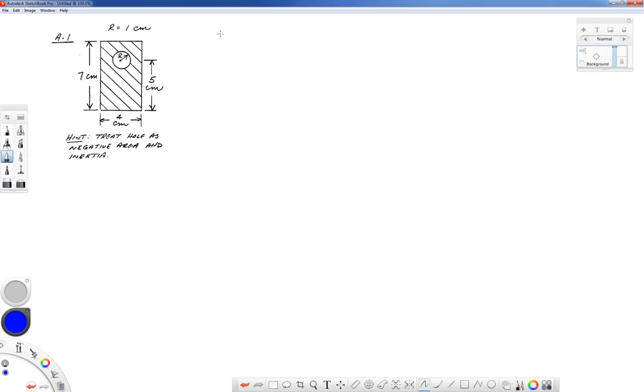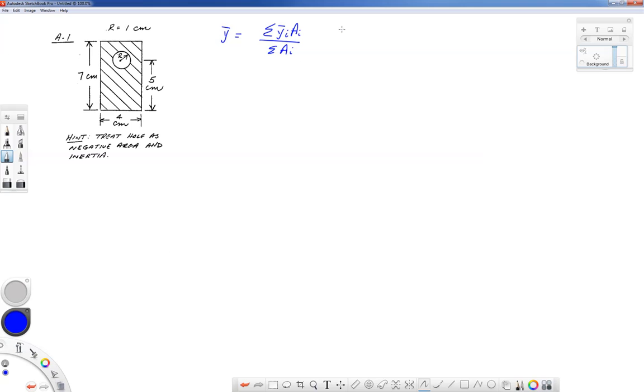The equations we're going to end up using are, to find the y bar, we're going to use the summation of each individual piece's y bar multiplied by its area divided by the total area. This may be something that you've done in statics at a previous time.